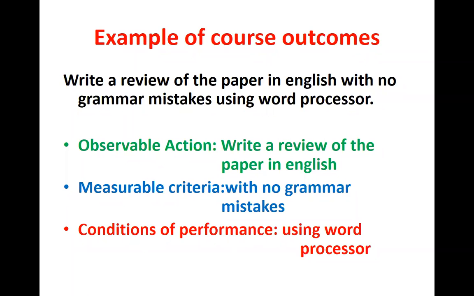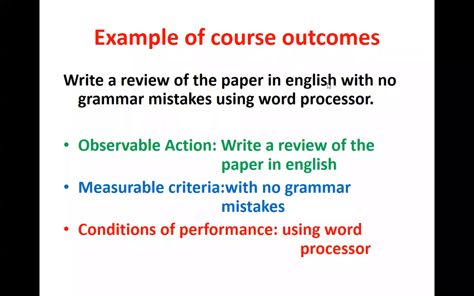Example: write a review of the paper in English with no grammar mistakes using a word processor. So in this, what is the observable action? Write a review of the paper in English. This is what the student is supposed to do. This is the observable action. And what is the measurable criteria here? With no grammar mistakes.